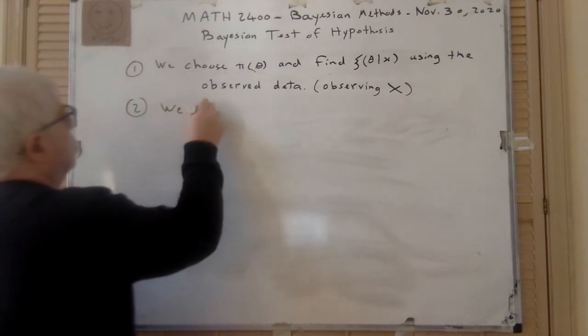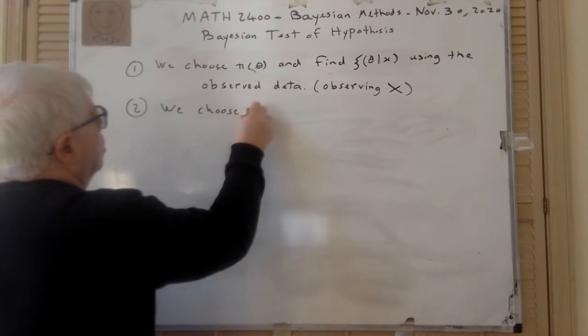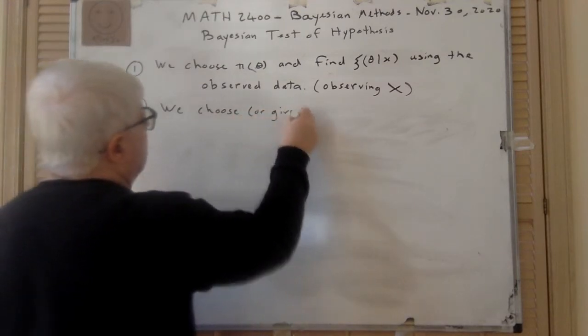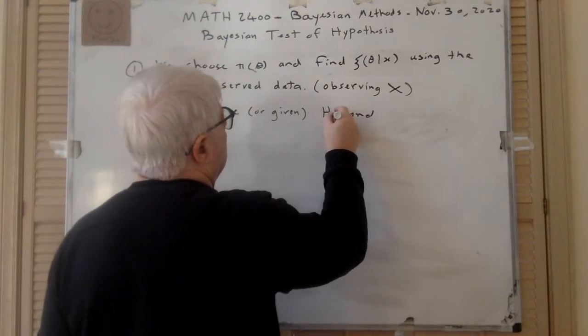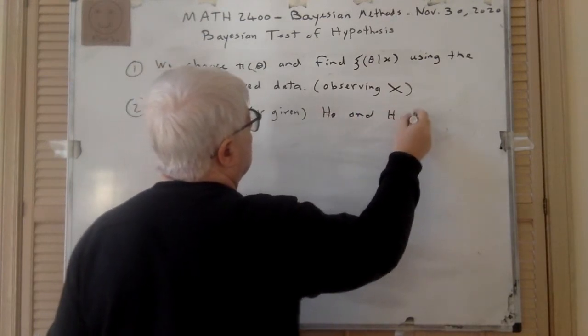We choose what we have. We're given H0 and H1.